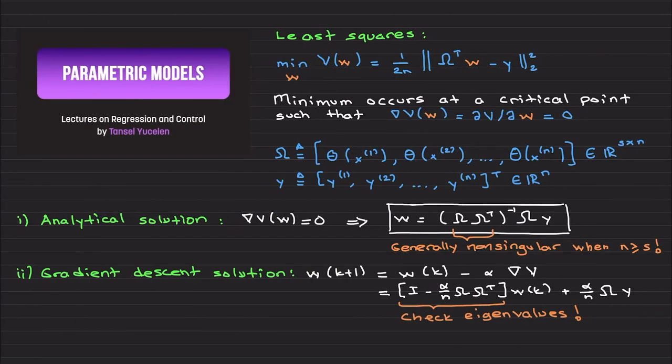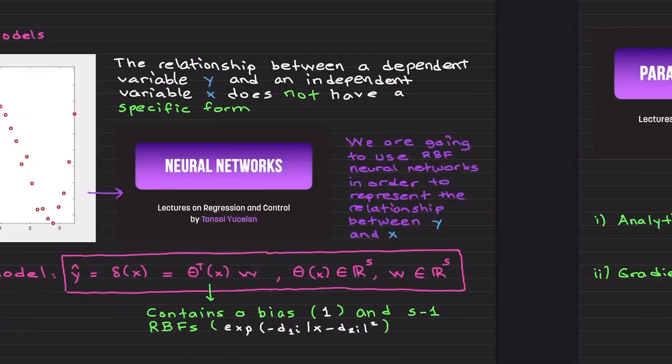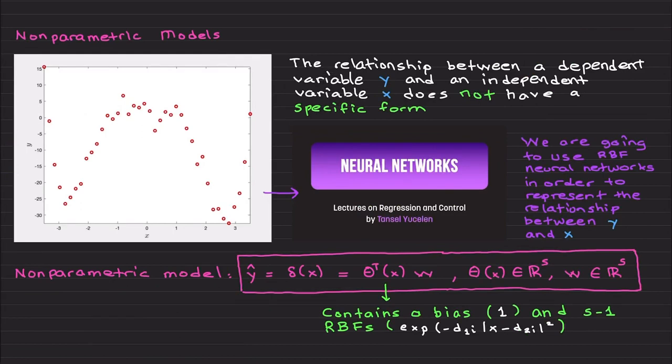All right. The formulation here will be super similar to the formulation I do for parametric models. Basically, when you deal with parametric models, let me go back to here. Let's say I have data points like this.